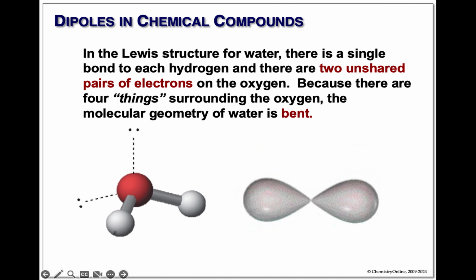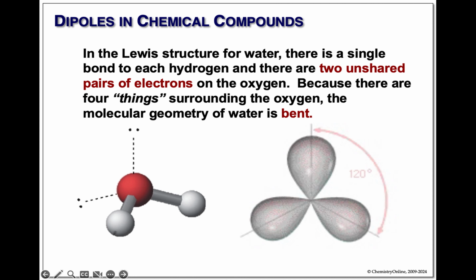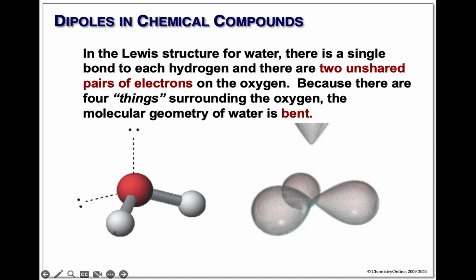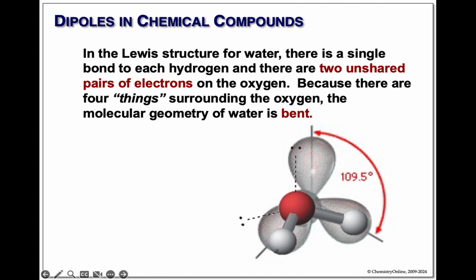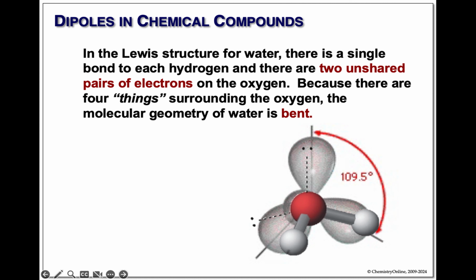If we bring in a third pair, we get 120-degree angles and it's flat. The fourth pair gives us what's called tetrahedral geometry, and that's what water is. It's tetrahedral. These angles are 109.5 degrees.